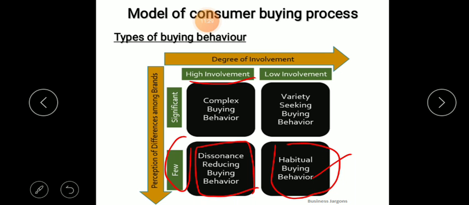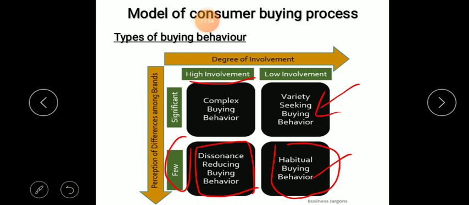This kind of buying behavior is also exhibited in biscuits. Suppose you purchase only one brand of biscuits every time because you are satisfied with it. But when a new brand of biscuit comes in the market, you just want to try it because you want to seek variety. Such kind of buying behavior is known as variety seeking buying behavior.